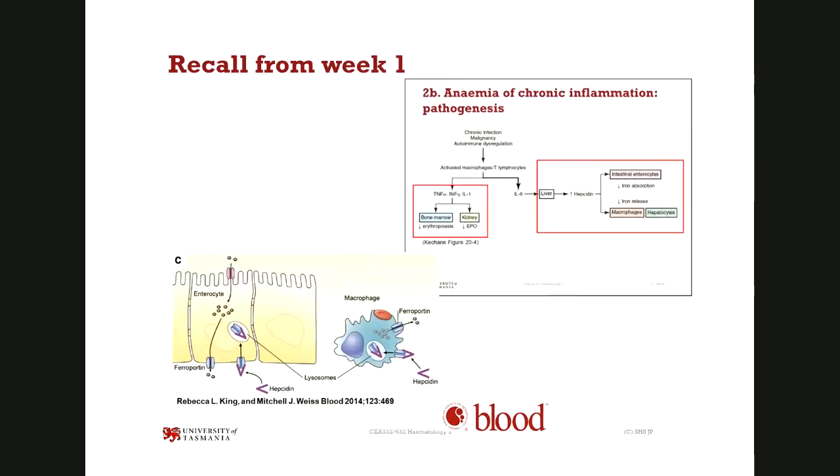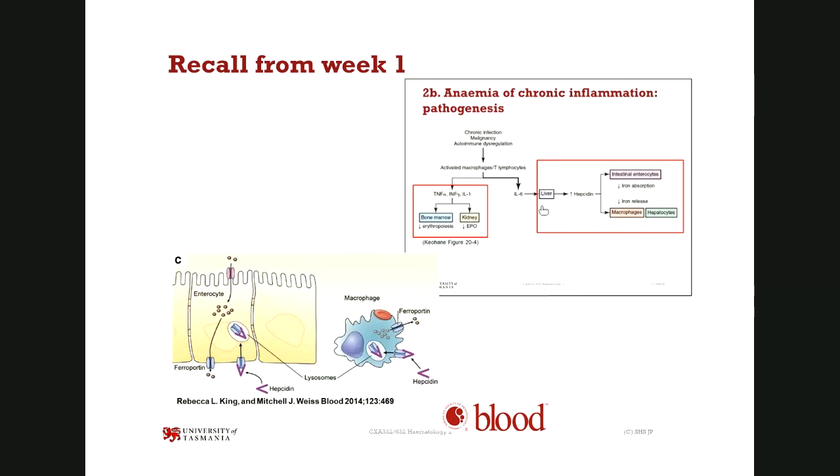So just as a reminder, this is a slide from week 1 that shows that. You can see that inflammatory cytokines have a direct effect on the bone marrow through both depressed erythropoiesis and depressed erythropoietin, but it's interleukin 6 and the effect of interleukin 6 on liver synthesis of hepcidin, and of course that is what prevents iron absorption and also iron release.